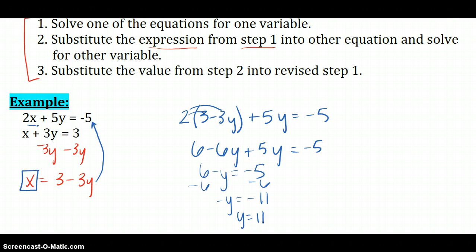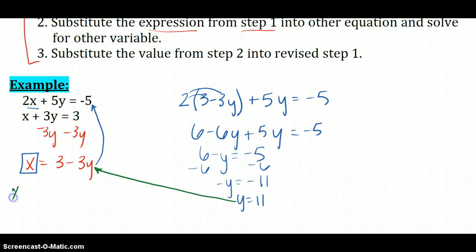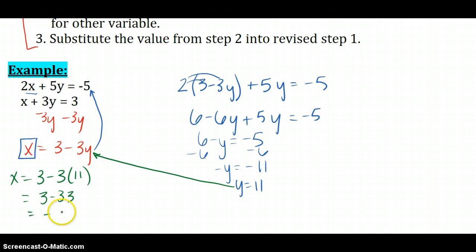So now to find out what x is, I'm going to plug this y in right over here. So x equals 3 minus 3, and plug in 11 for y. So x equals 3 minus 33, which is negative 30. So my solution is x is negative 30 and y is 11.